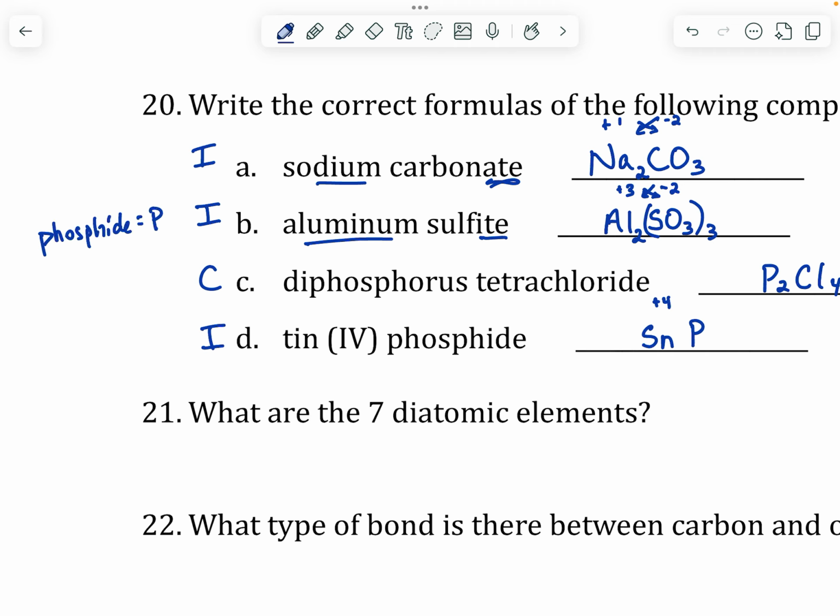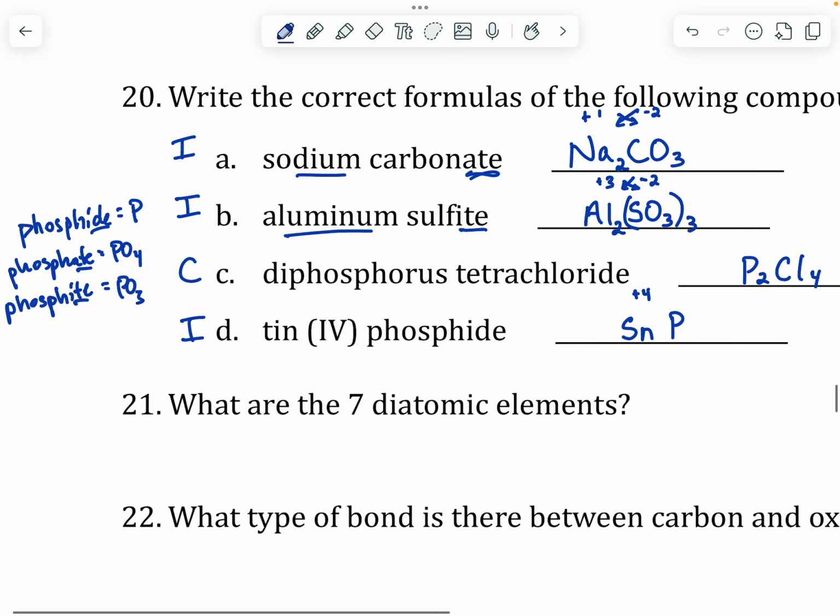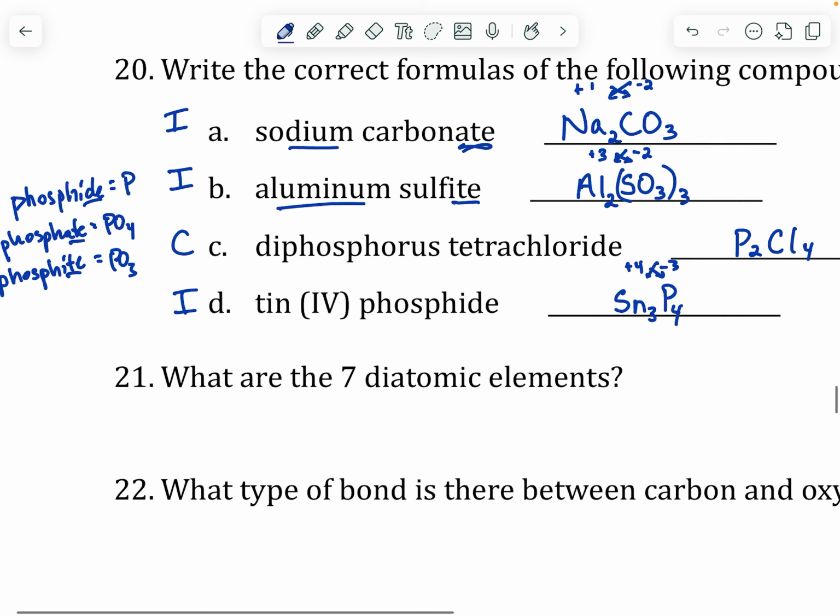Phosphate is PO4, and phosphite is PO3. So again, the suffix changes what those ions are, what the negative anion is. So in this case, it is just phosphorus, and we crisscross, we get Sn3P4.